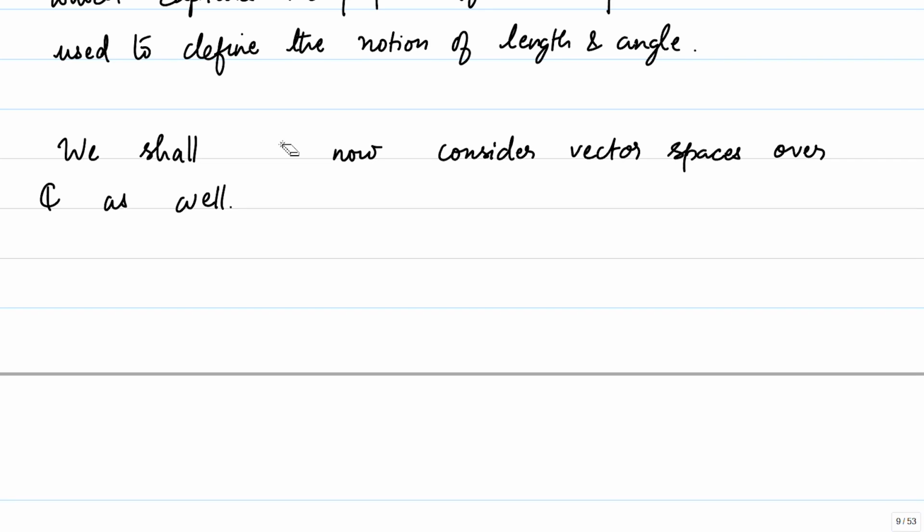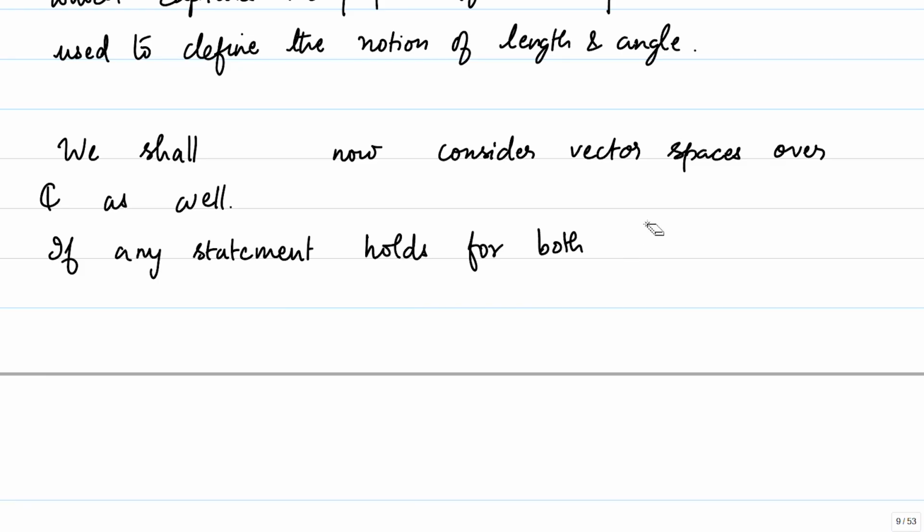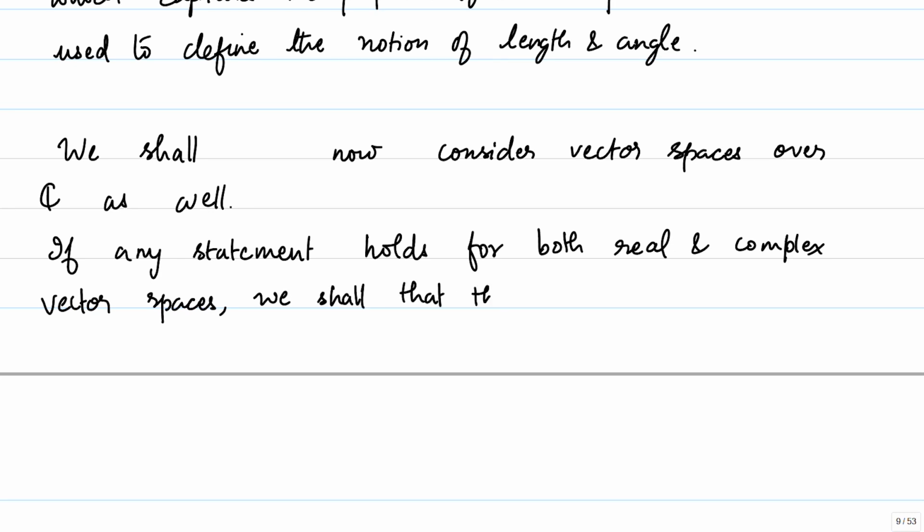And if any statement holds for both real and complex vector spaces, we shall say that the statement holds for "vector spaces over F".